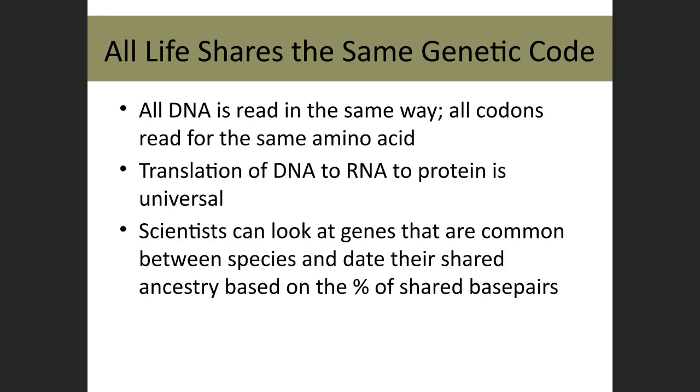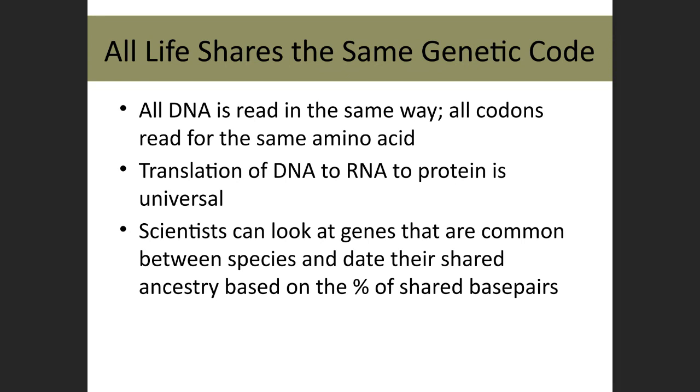And we can even look at things even more different than one population of elephants to another because all DNA is read in the exact same way. Right? When we looked at that codon chart and we were looking at translation, it's all translated and read in the exact same way. It's universal. So you could compare a gene between two organisms and see how different it is and try to figure out, okay, how long has it been since they shared a common ancestor and then both diverged, right?